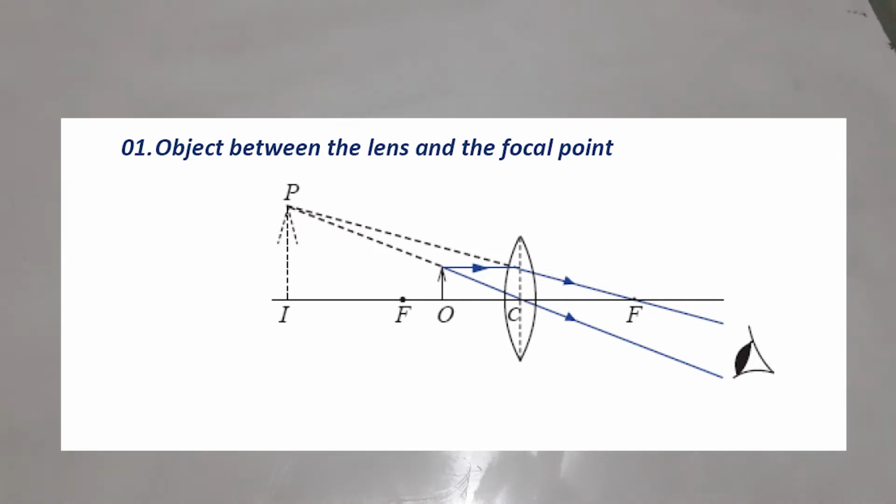But if you draw backwards, you can see these two light rays will meet behind the lens, so that we can see through the lens a virtual, magnified, upright image. This image will always be larger than the object, and the position of the image is greater than the object distance, on the same side as that of the object.